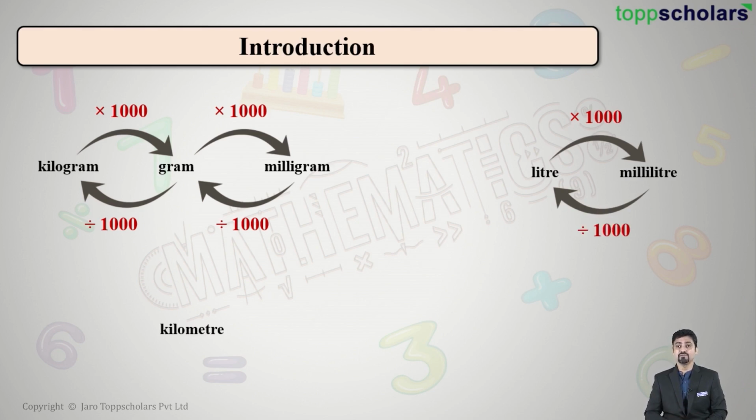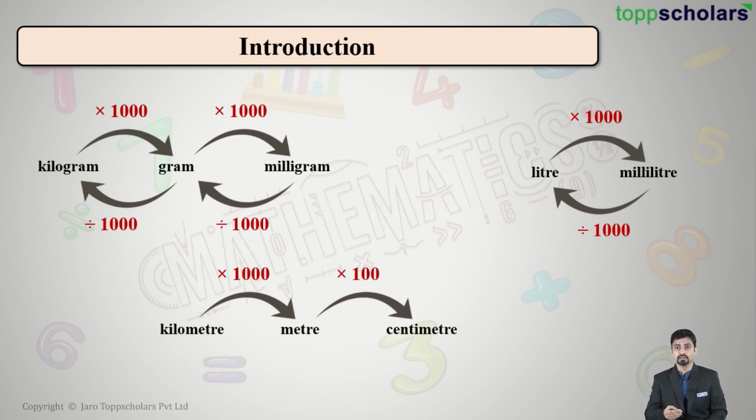In the same manner, if we talk about length, that is kilometer into meter, we multiply by 1000. Now to convert meter into centimeter, we multiply by 100. And further, centimeter to millimeter, we multiply by 10.